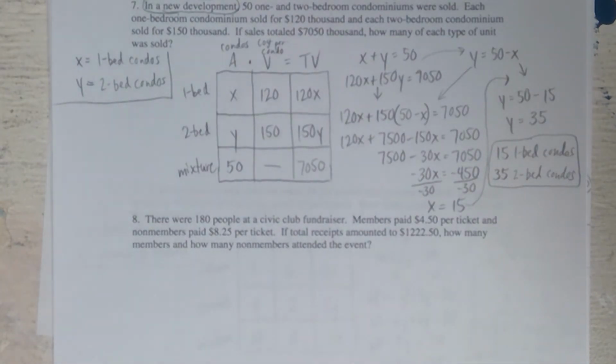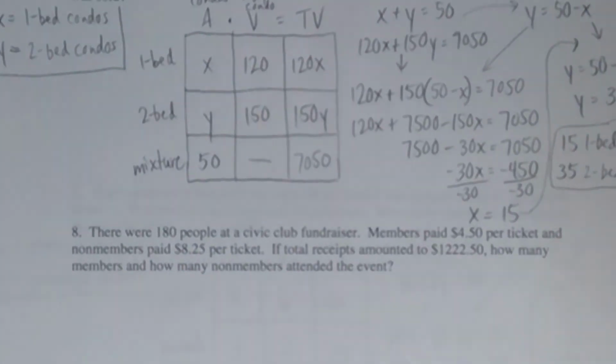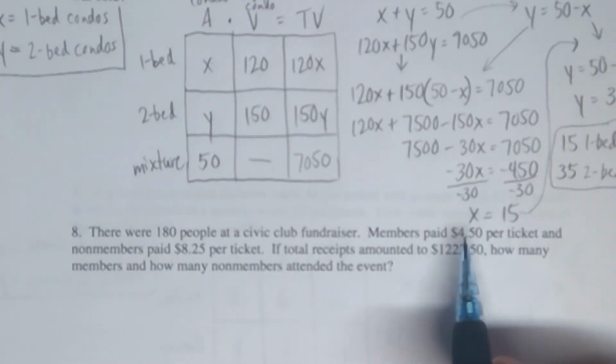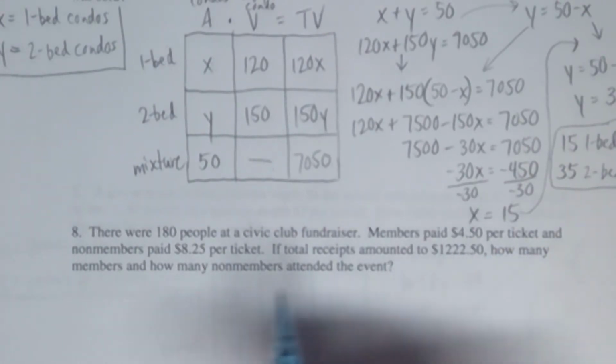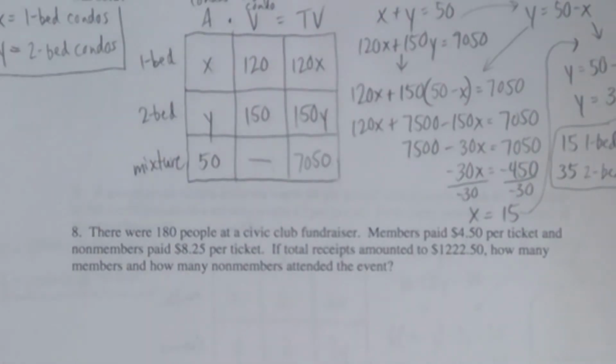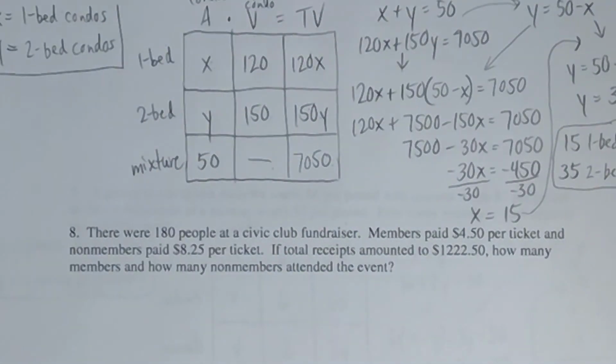The tickets for this event are different based on members and non-members, but see how it's cost per ticket for each of the members and the non-members? So the members and the non-members, they're like the peanuts and cashews again. They each have a cost per attached to them, but you're mixing the members and non-members together in the sense that they are all going to this one fundraiser.